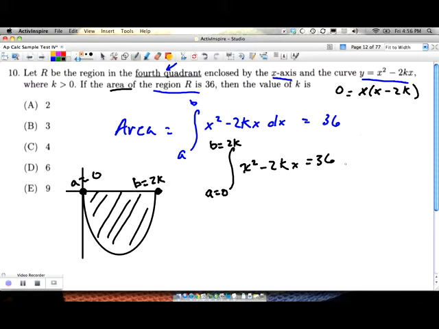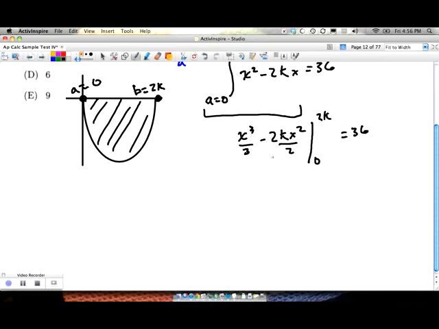I can set it up, do some algebra, and solve backwards for k. I first take the antiderivative, which gets rid of the integral representation. So I'll have x cubed over 3 minus 2k x squared over 2, evaluated from 0 to 2k, and that equals 36.